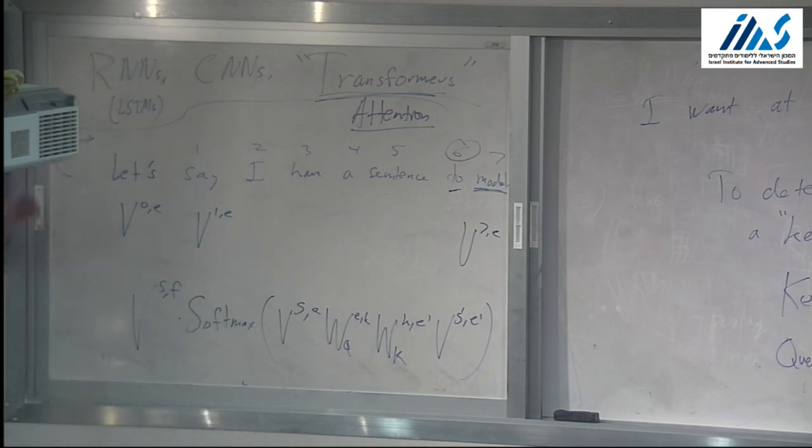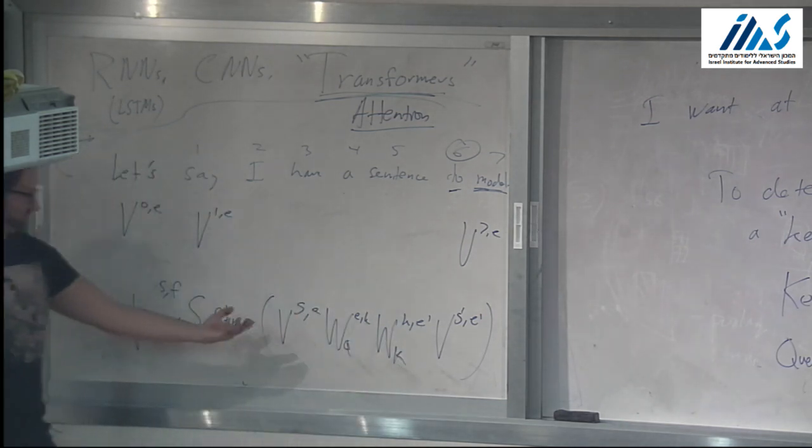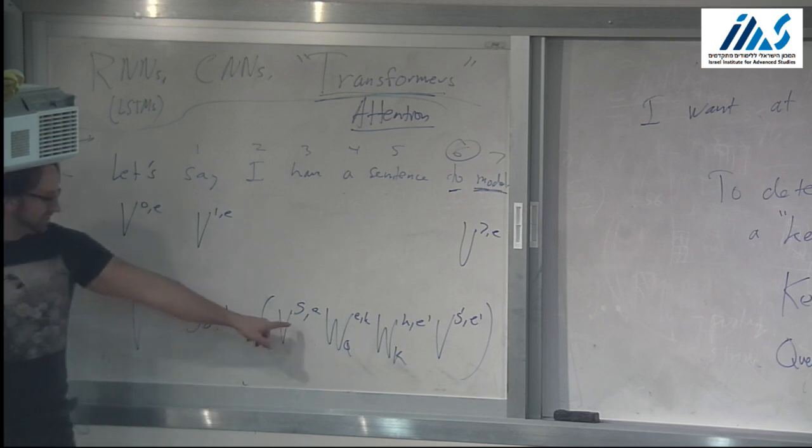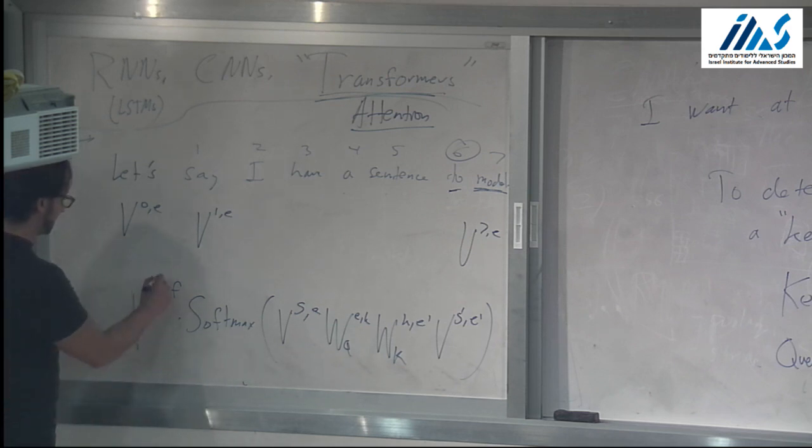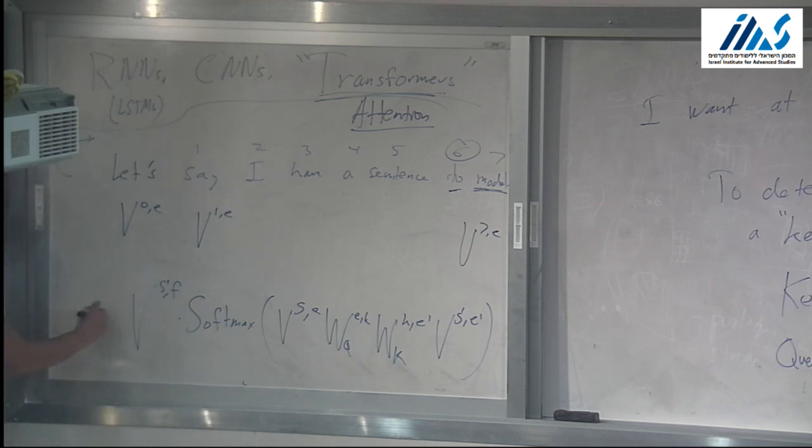So I just wrote some tensor thing with Einstein's summation convention, which takes two V's in order to figure out the relevance of s to s prime, and then applies that as a linear combination. Maybe I want to call this s prime. This finally gives me some vector. I can call it y f at the position s.